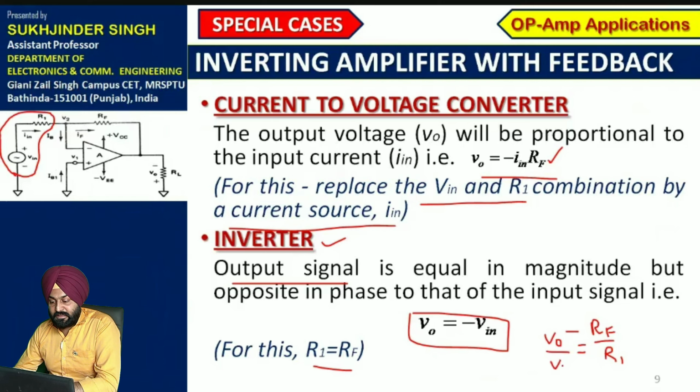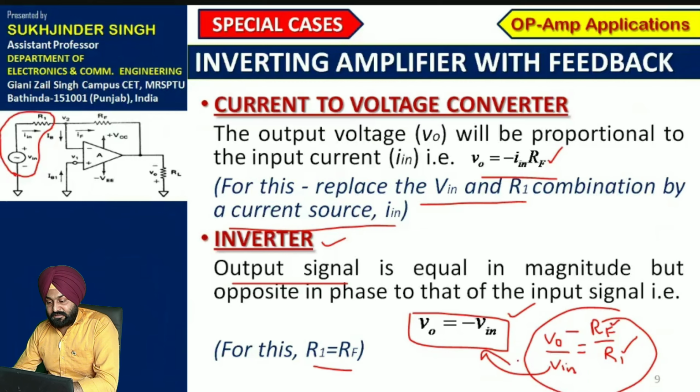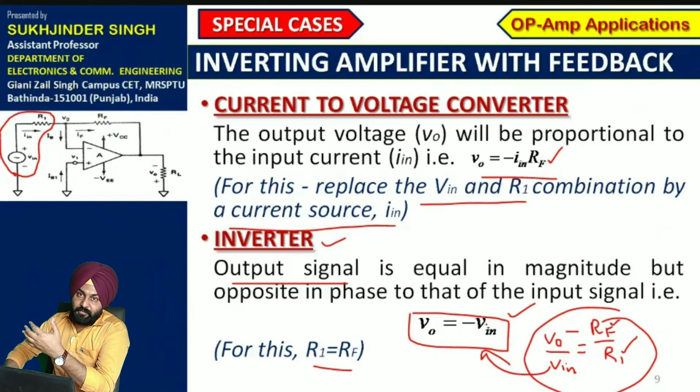Gain is nothing but the ratio of output upon input. If we keep these two resistances of the same value, then the output voltage will be equal to the negative of the input voltage. That is, the magnitude is the same but the sign means there is a 180 degree phase difference. So in this way we can use the inverting amplifier as an inverter.